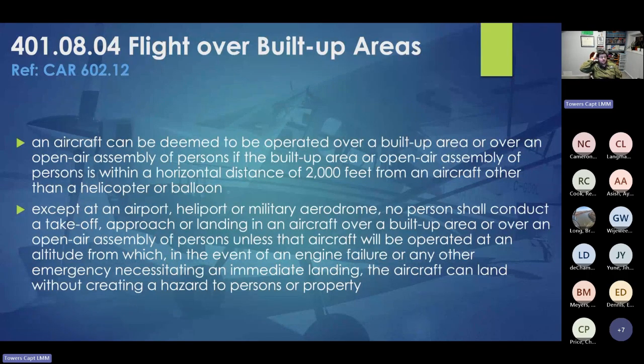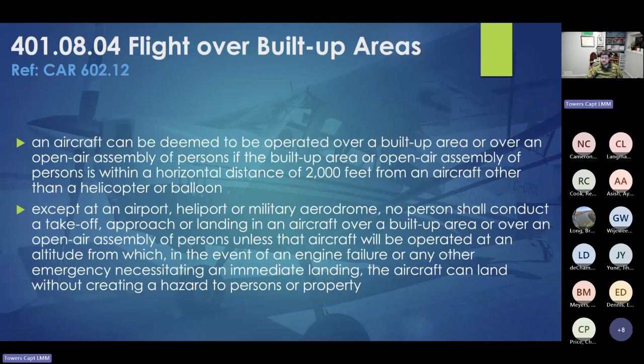When it comes to flight over built-up areas, an aircraft can be deemed to be operated over a built-up area or over an open-air assembly of persons if the built-up area or open-air assembly of persons is within a horizontal distance of 2,000 feet from an aircraft other than a helicopter or balloon.